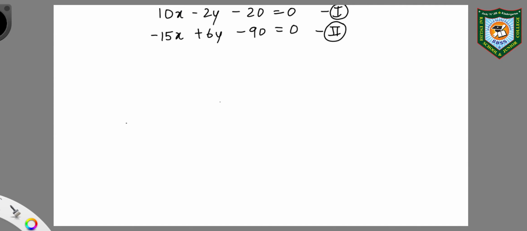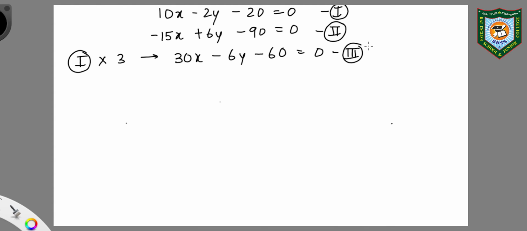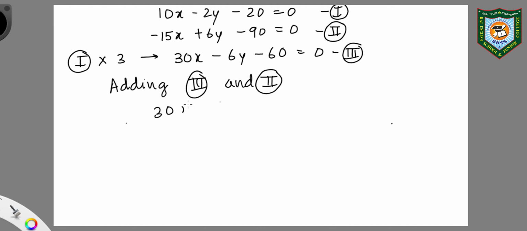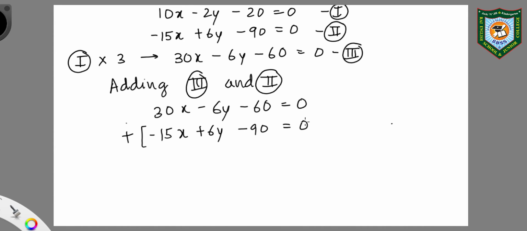Now I'll be using the elimination method. So equation number 1 times 3 gives me 30x minus 6y minus 60 is equal to 0. This is my equation number 3. Now adding equations 3 and 2, I get 30x minus 6y minus 60 is equal to 0 plus minus 15x plus 6y minus 90 is equal to 0.